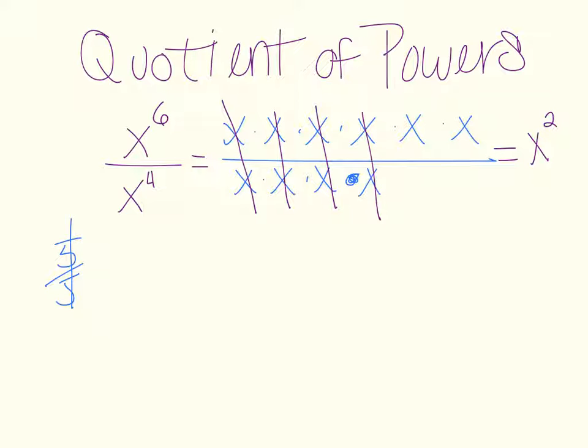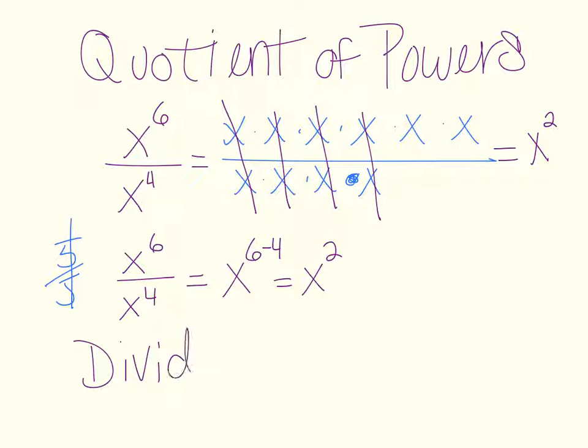Well, when you look at the numbers 6 and 4 and say, how did they get a 2 out of that? All they really did was subtract their exponents. So when you see division, when you see a quotient, you're subtracting the numerator's exponent by the denominator's exponent, and that gives you your answer. So divide is the same as subtracting exponents.